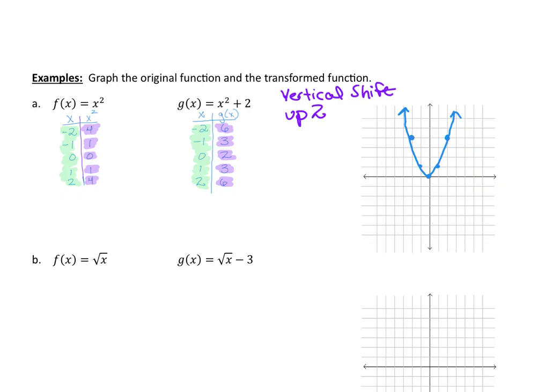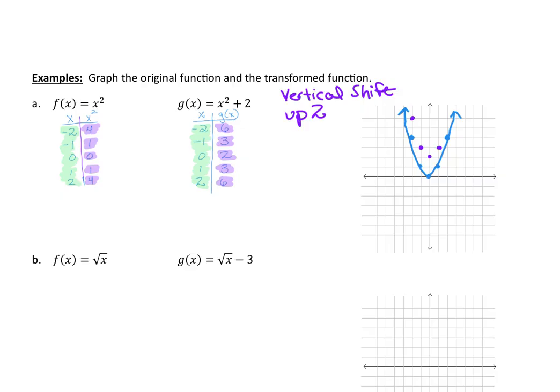And so what that means is I take my whole graph, and I'm going to do this with my points. I'm going to move all of these points up 2. Every single point on our graph moves up 2.